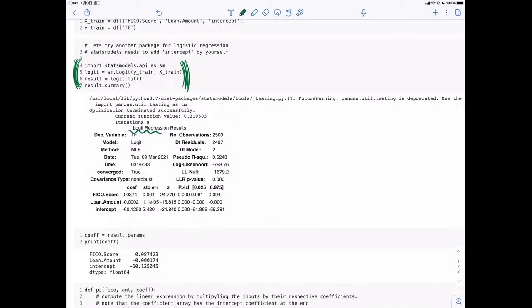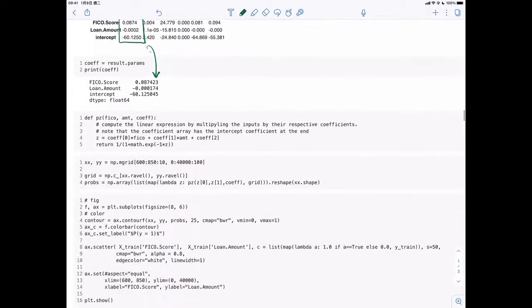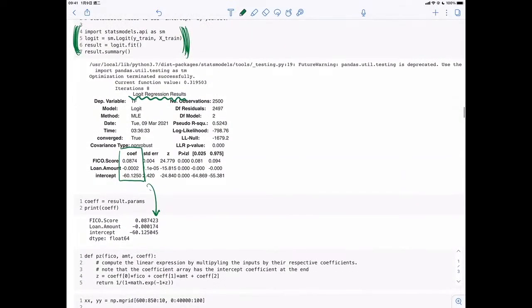So that is logistic regression, right? Here is the coefficient right here. That means this one, right? So basically Z equals, that should be much simpler.